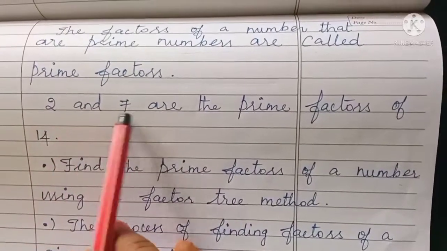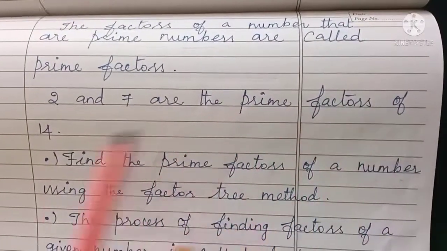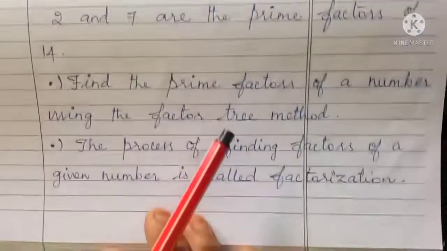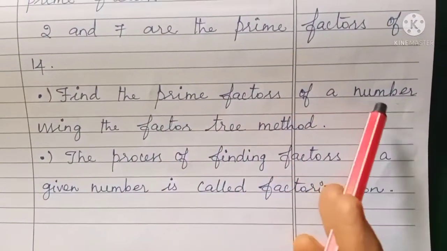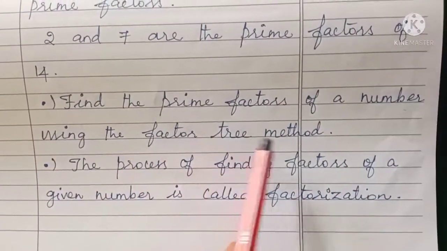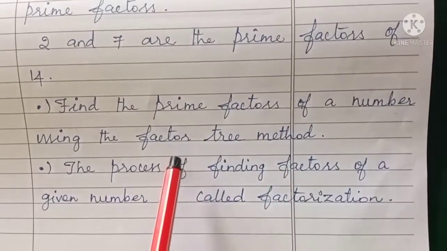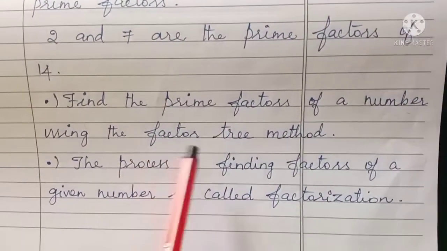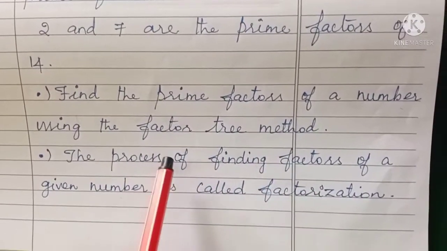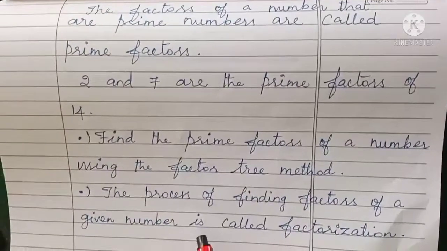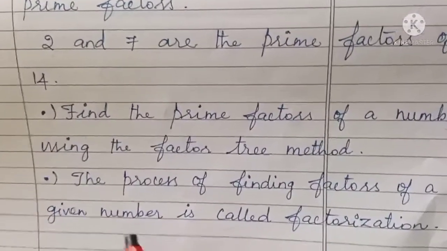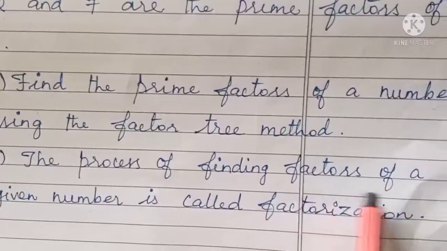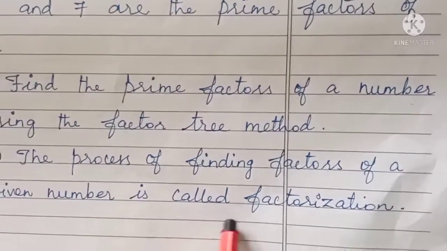Let us find the prime factors of a number using the factor tree method. Initially I told you we are going to find the HCF using the factor tree method, and what is one more method? Common division method.